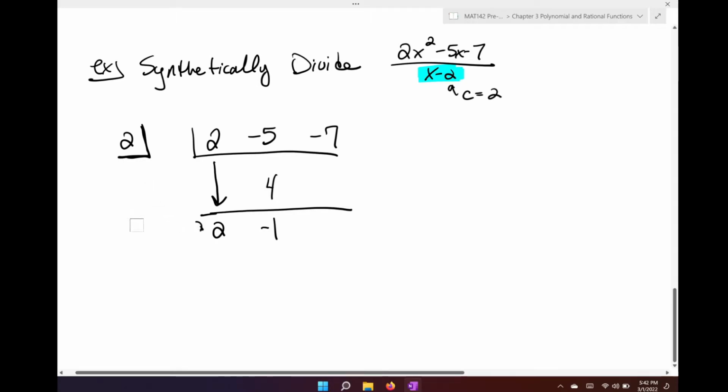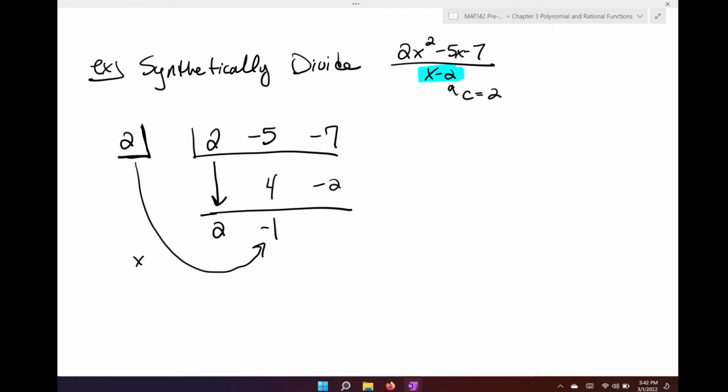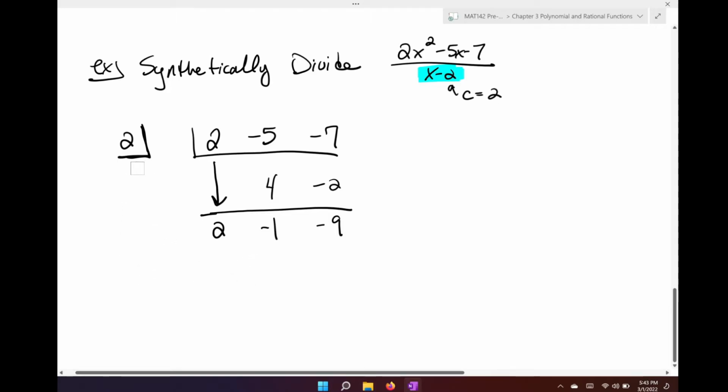So now I'm going to multiply 2 times -1. 2 times -1 is -2. And then I'm going to add straight down that column. -7 plus -2 is -9. Okay? Now, what we just found is this.